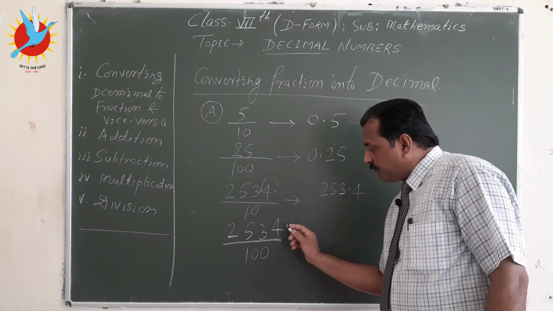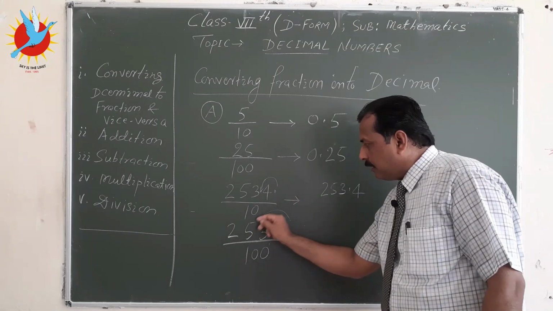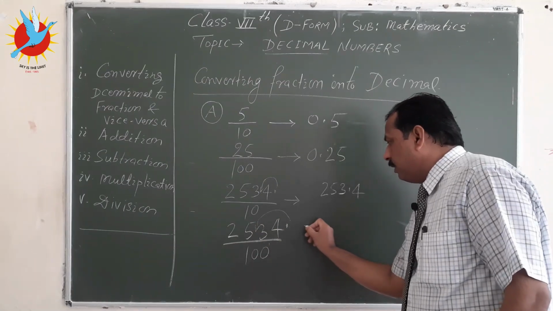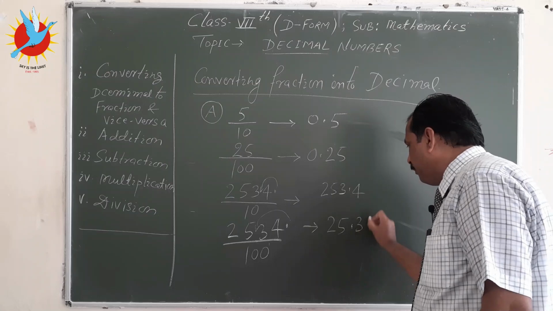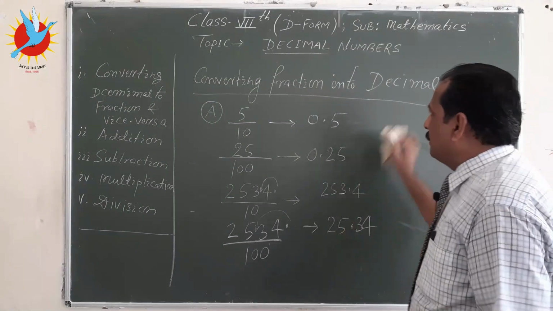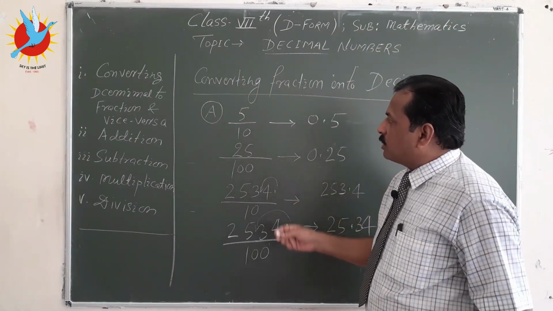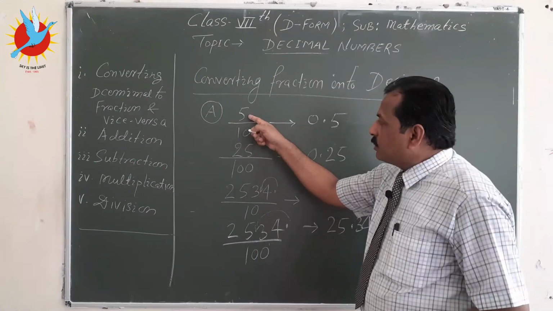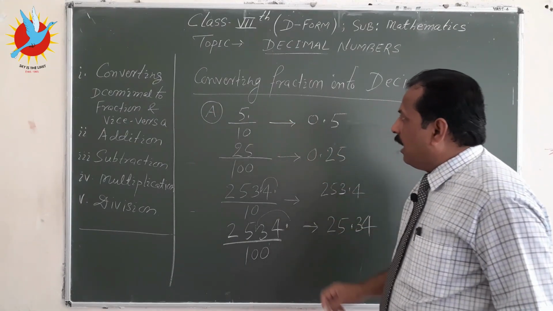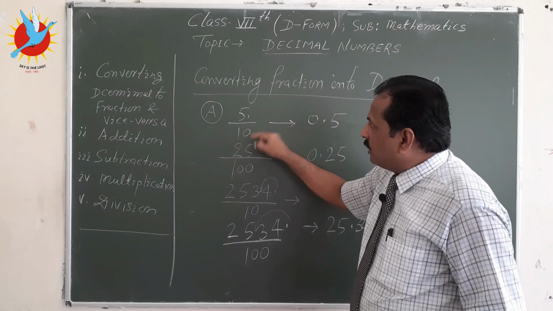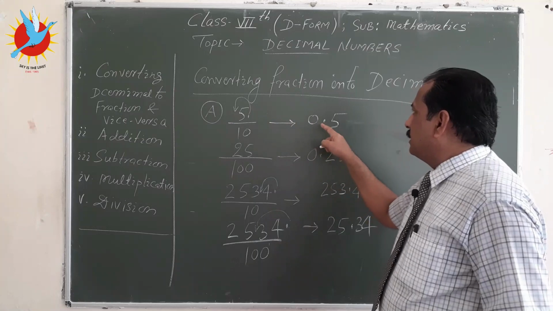So shift this decimal 2 digits to the left hand side, and this number will be 25.34. Try to get the pattern. So let me explain this case also. This 5 is there, so its decimal point can be understood here, and 1 0 is there, so the decimal will be shifted here, and that is why it is 0.